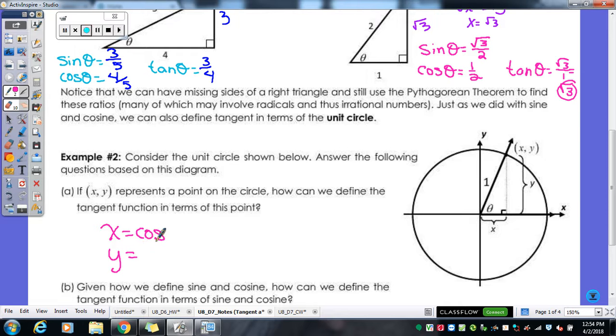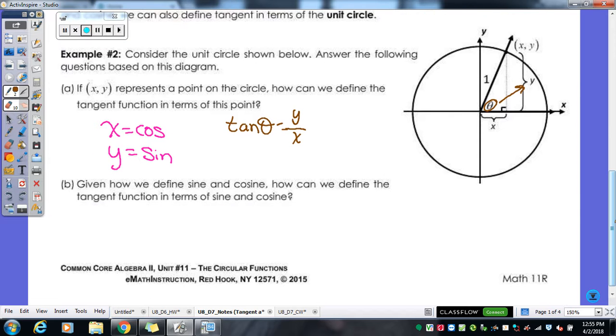Y represents sine. Looking at our unit circle, tangent is the opposite side over the adjacent. What's the side opposite of our angle there? Y. And the adjacent? X. So in terms of our unit circle, tangent is going to be y over x.